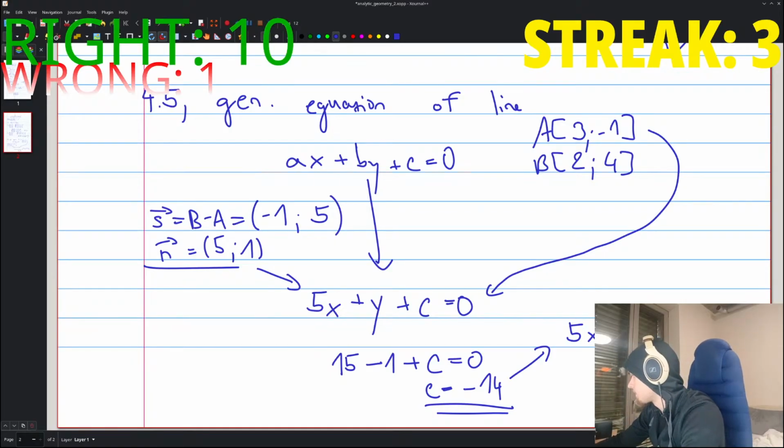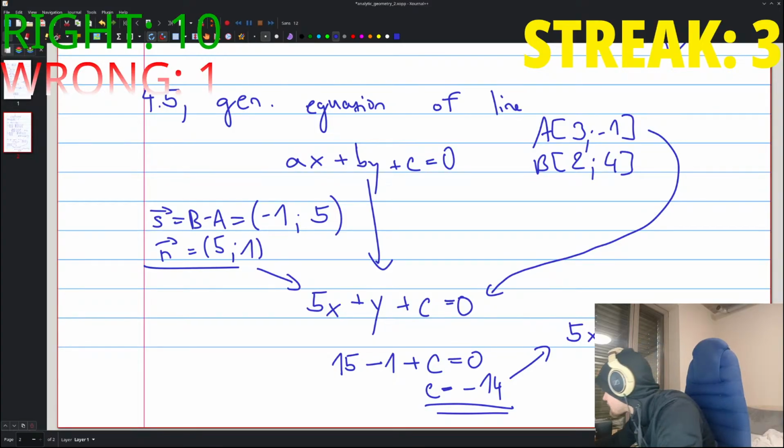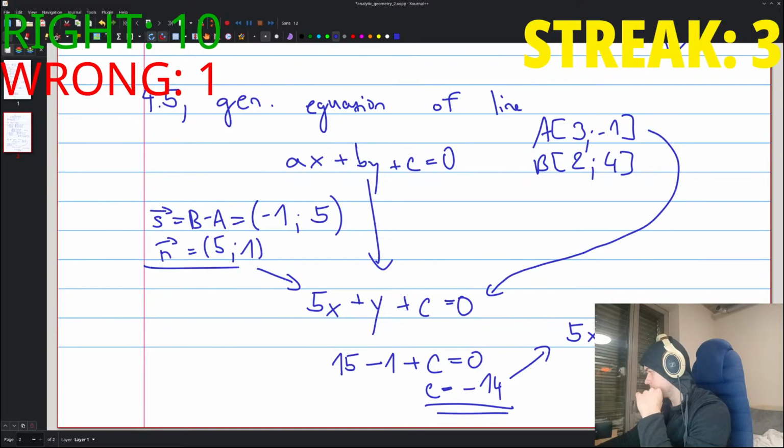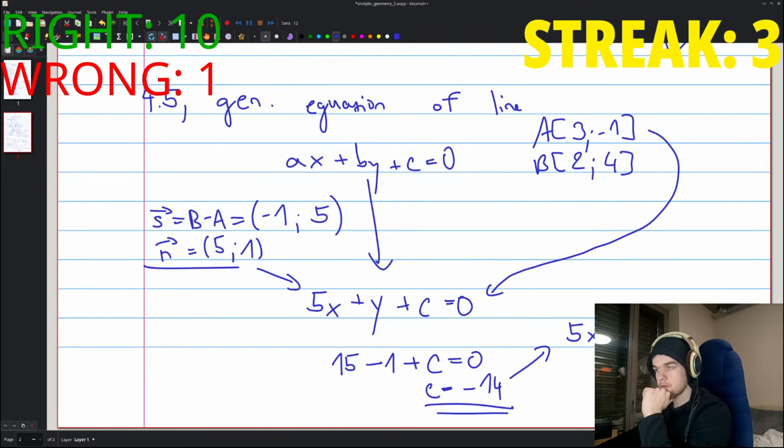Okay. FF0000. Nice. So it's more visible.